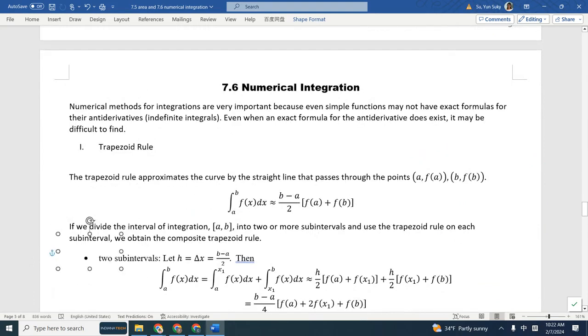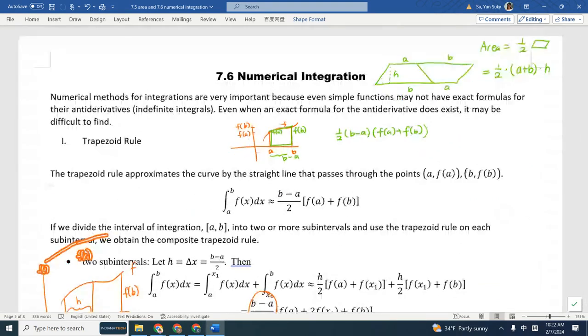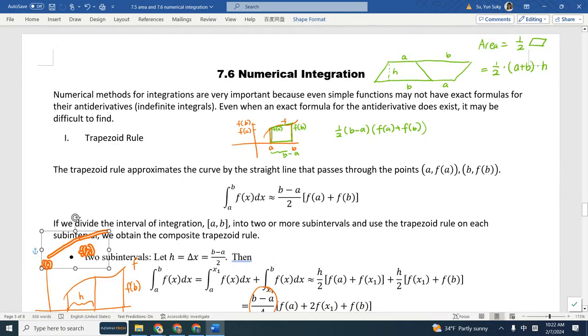Okay, so then 7.6, we have numerical integration. This is the last section of this chapter. And I printed out the concept map for you. This is the chapter 7 concept map. I'm still making more for other chapters.